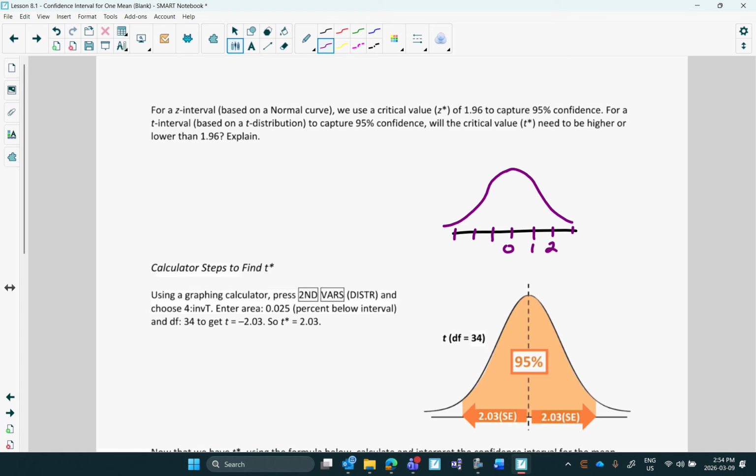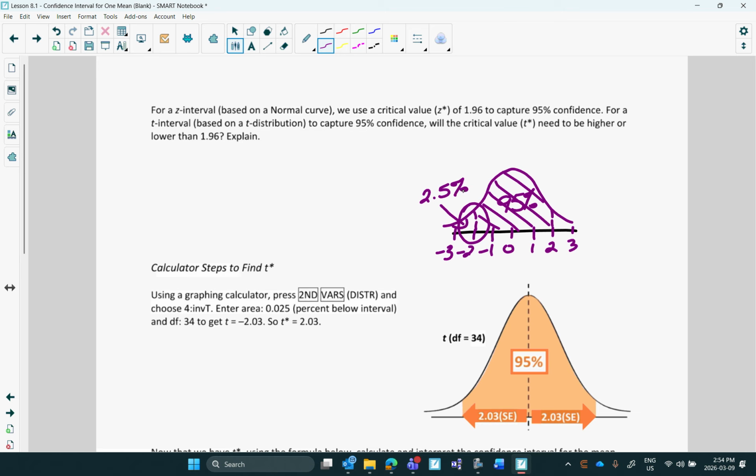If we wanted 95% confidence, that's 95% in the middle, with 2.5% here and 2.5% here. So we had to find this value and then make it positive. If this was 95%, this little area here is 2.5%.